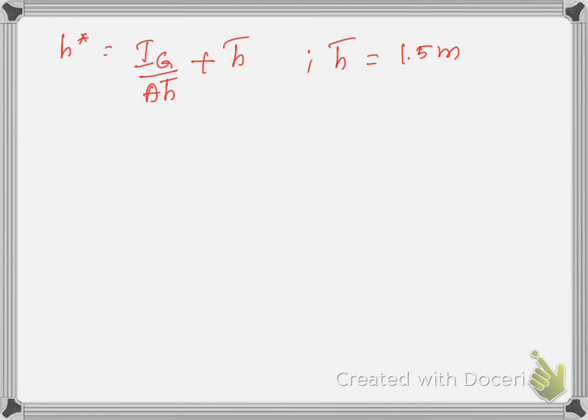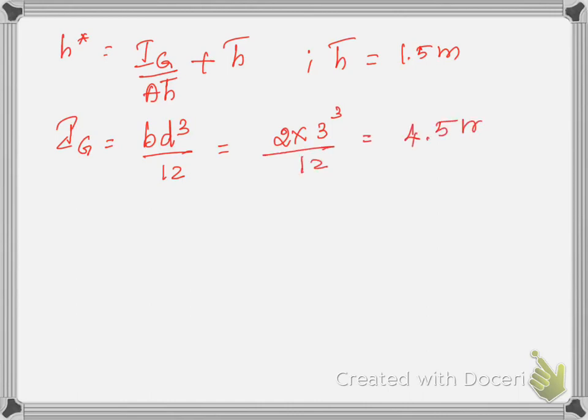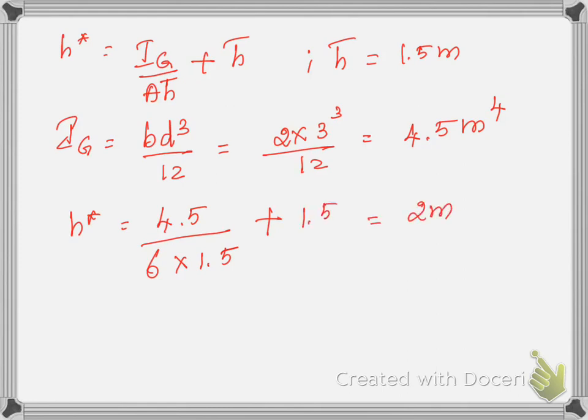We have to get the value of IG. IG is B D cube by 12, which is 2 into 3 cube by 12, that is 4.5 meter to the power 4. So H star equals 4.5 divided by 6 into 1.5, plus 1.5, which equals 2 meter. So the depth of center of pressure H star is 2 meter, and the total pressure force is my answer.